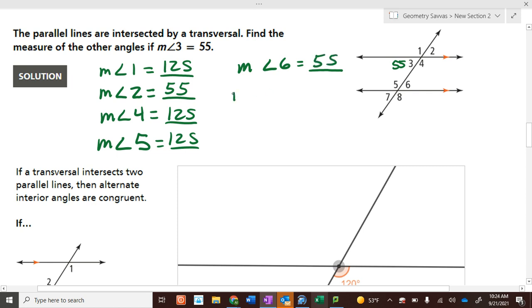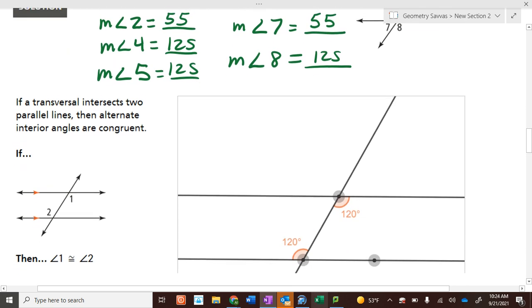Very good. What's the measure of angle 7, Cambry? 55. And what's the measure of angle 8, Haley? 125. Okay. So we can figure out angle measures now with parallel lines.